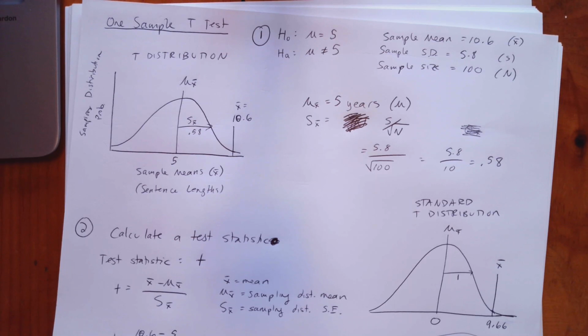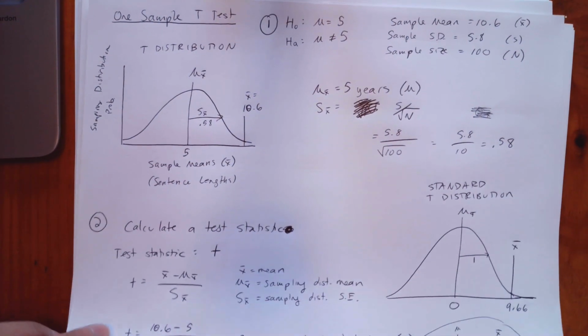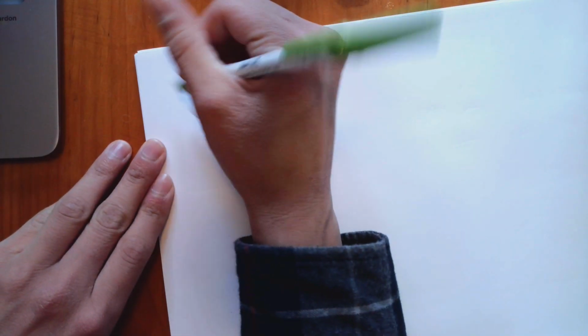Okay, so what do we do with this information? Well, the final step is going to be to use this information to decide whether it's likely that you'd get a sample with a mean of 10.6 years from a population where the mean was really equal to 5. And so I'm going to redraw our t-distribution from a world where the null hypothesis is true.